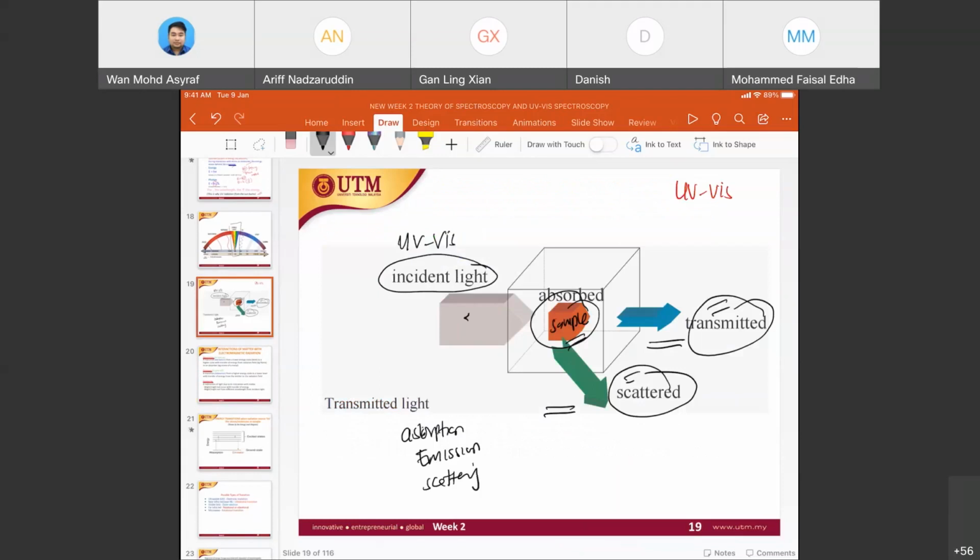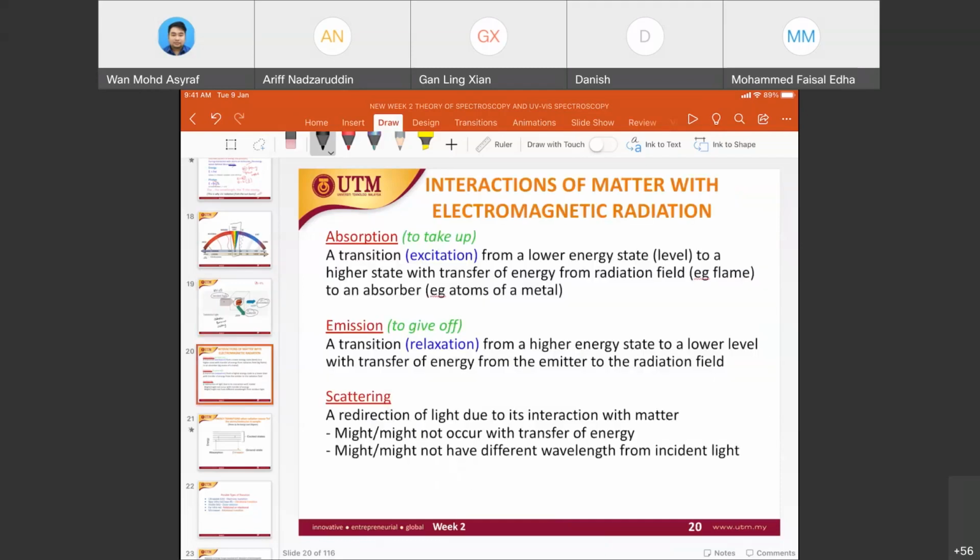Light tu nanti, bila dia masuk kepada sampel you, akan do apa yang terjadi kepada light tu tiga benda, which is absorption ke, emission ke, scattering ke. So all of this kita boleh identify what happens to the sample. Okay. So what is absorption, what is emission, what is scattering?